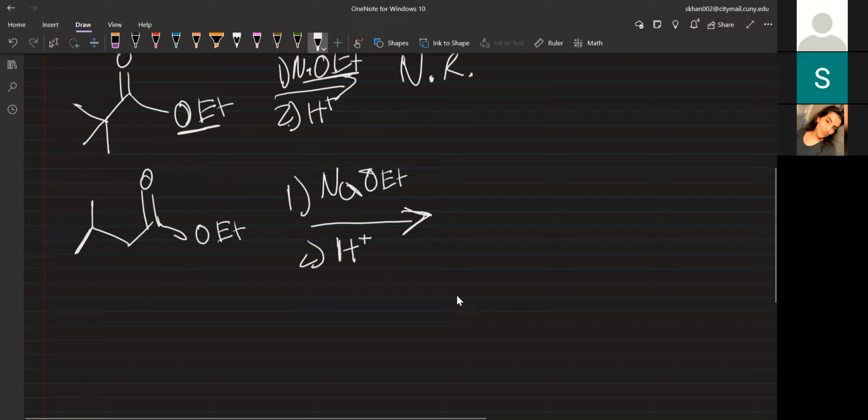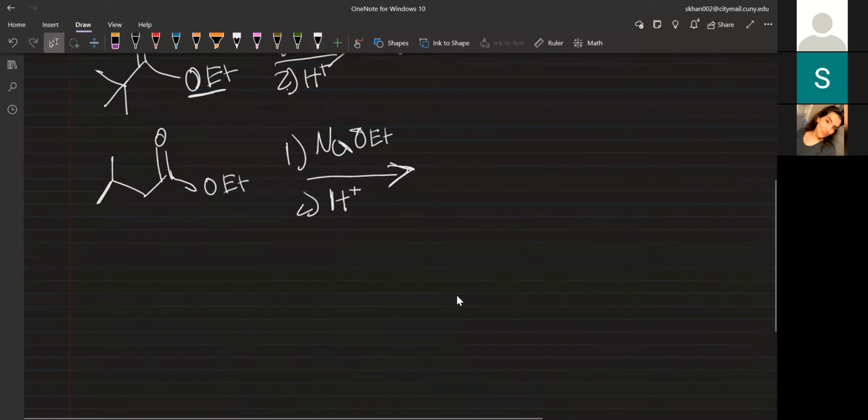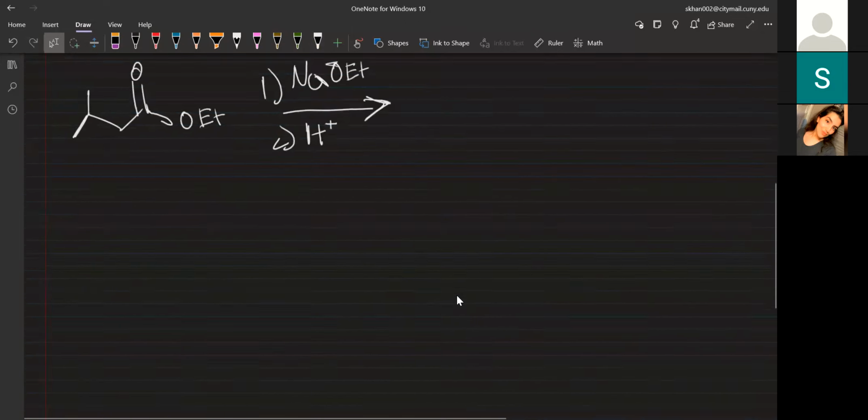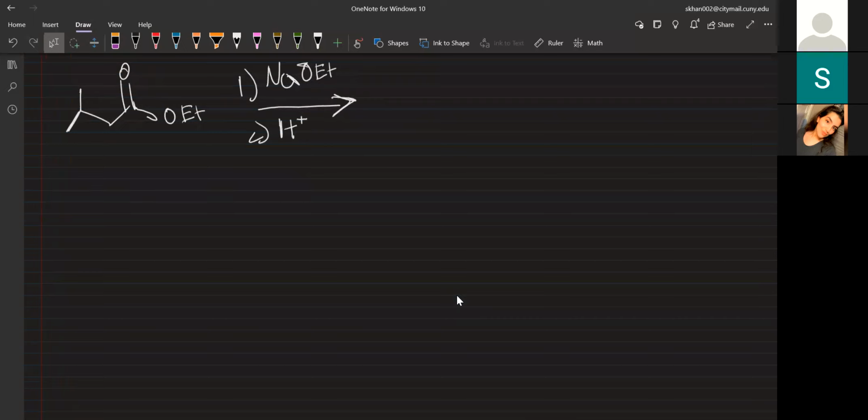So I can start off the process by basically converting this into your enolate, and then it's going to attack itself. So to say this is OEt, right?